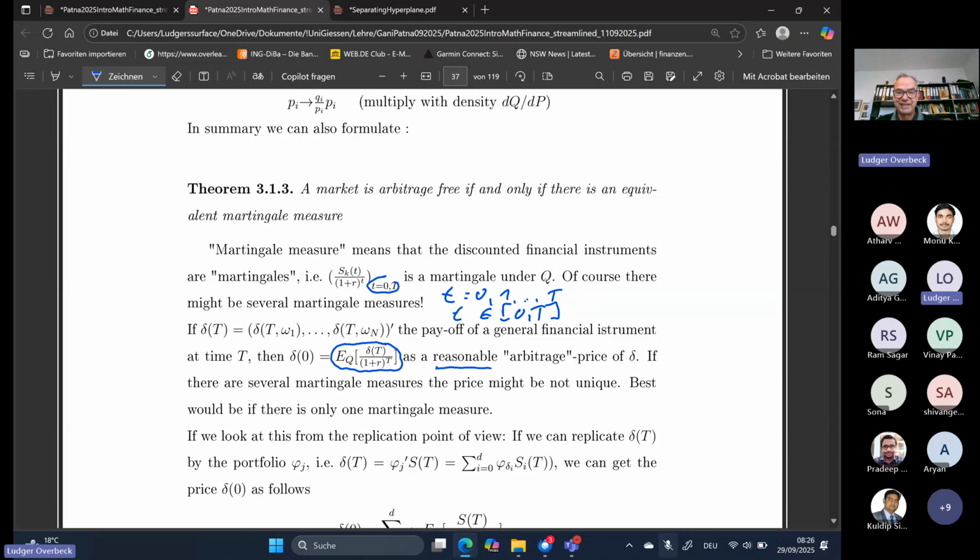That's basically a nonsense picture. But there might be several lambdas. Then you get several Qs, and then you might have several prices. And so a really good market is where you only have one martingale measure. So we come later to this.